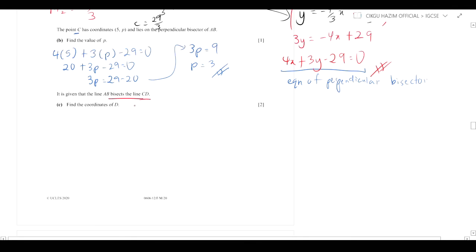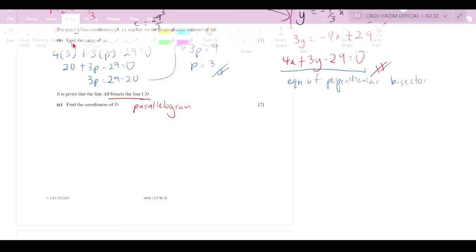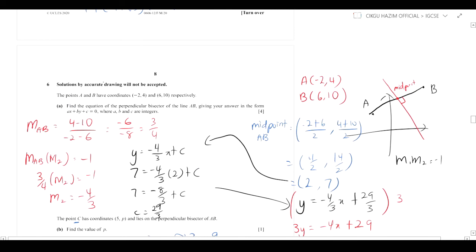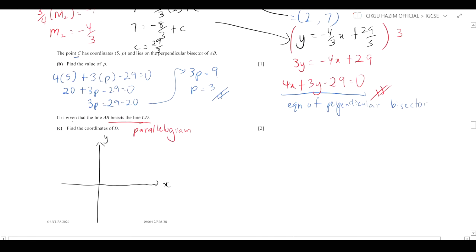Whenever you see this kind of question, try to imagine the shape of a parallelogram. Why do I ask you to understand about the shape parallelogram here? Imagine we sketch everything in the graph. The question does not ask for a precise graph, and a solution by accurate drawing is not going to be accepted, but we try to sketch it.